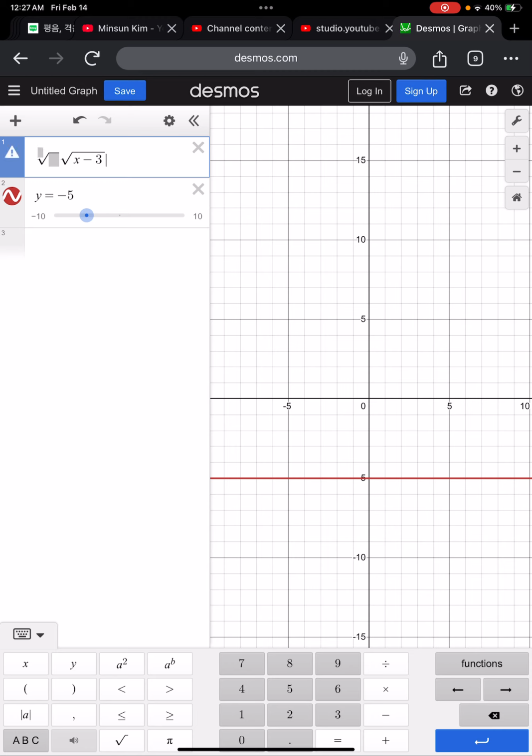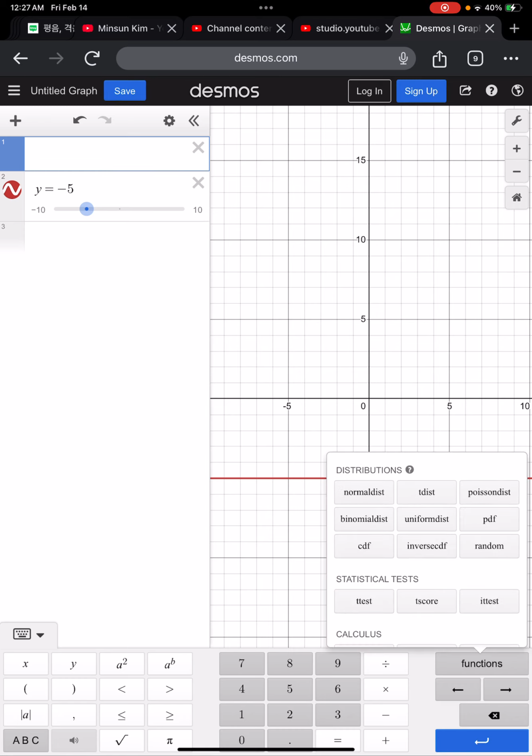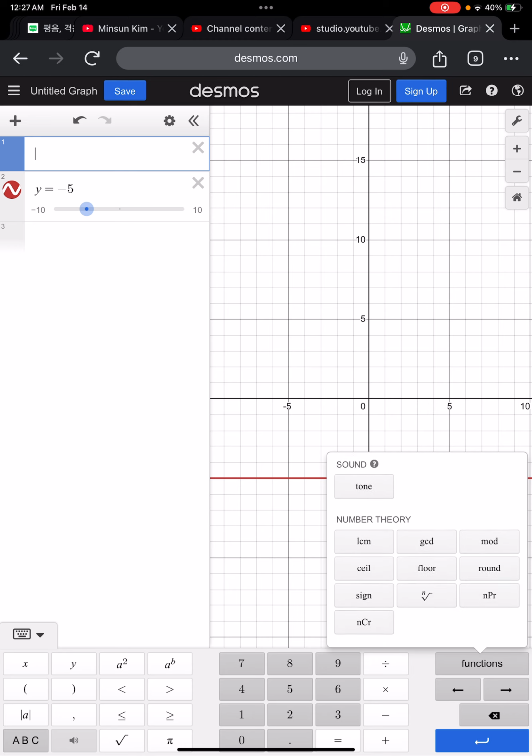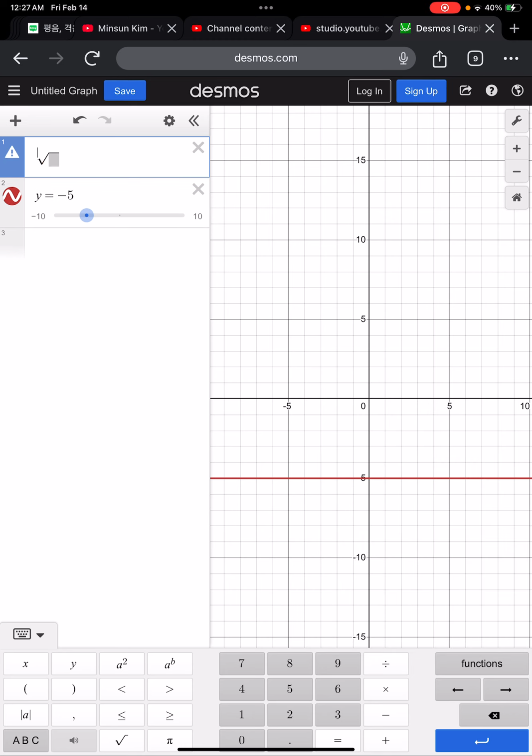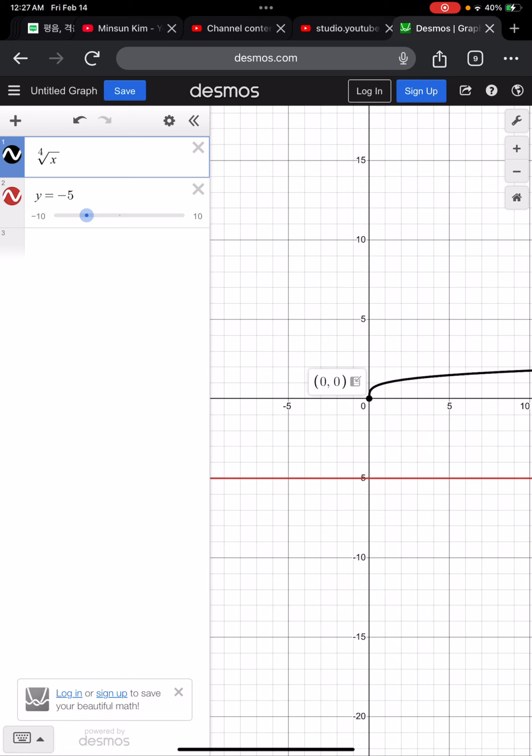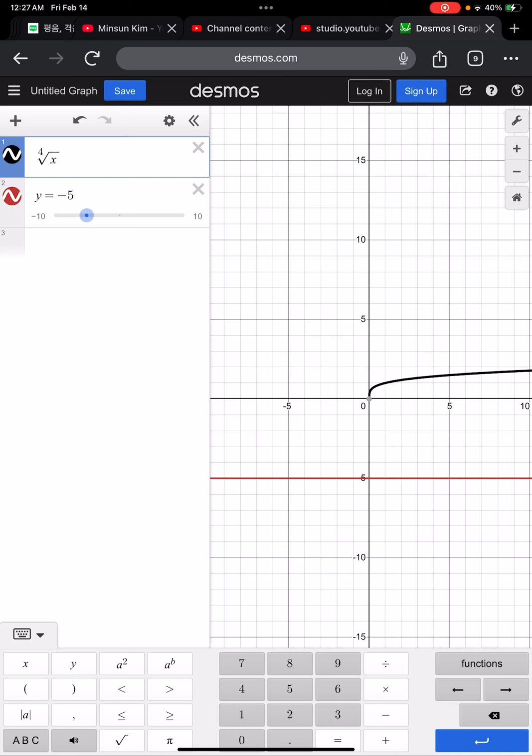So for example, I'm going to make my index 2 or 4, this time I'm going to use 4, and see what happens within my graph. So all even index functions have this shape. It'll always have an endpoint, and it's only half of the graph. It doesn't have anything below the x-axis, unlike the cube root.